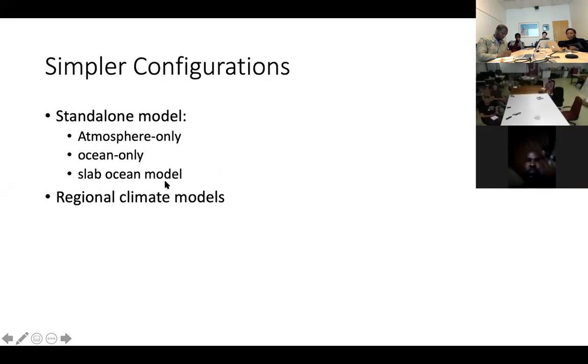And the ocean-only model uses the fluxes you normally receive from a coupler in the fully coupled model. Those fluxes are prescribed, so that you can run the ocean alone and test what the ocean does on its own. The slab ocean model is similar to the atmosphere-only model, but the ocean is reduced to only a slab layer, just the top mixed layer of the ocean, which is given to the atmosphere.